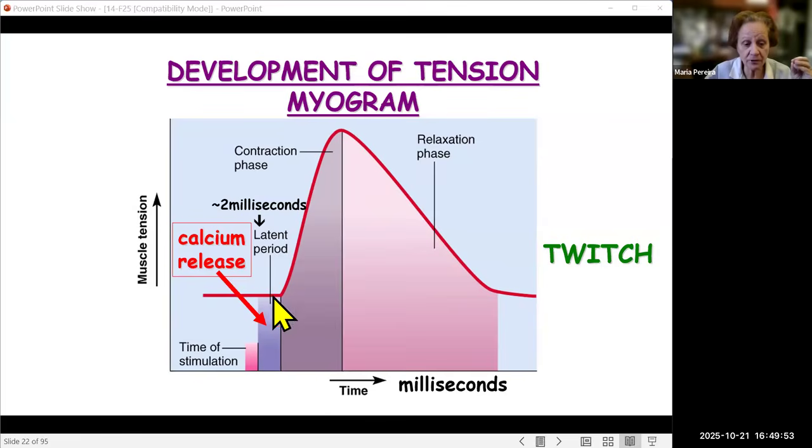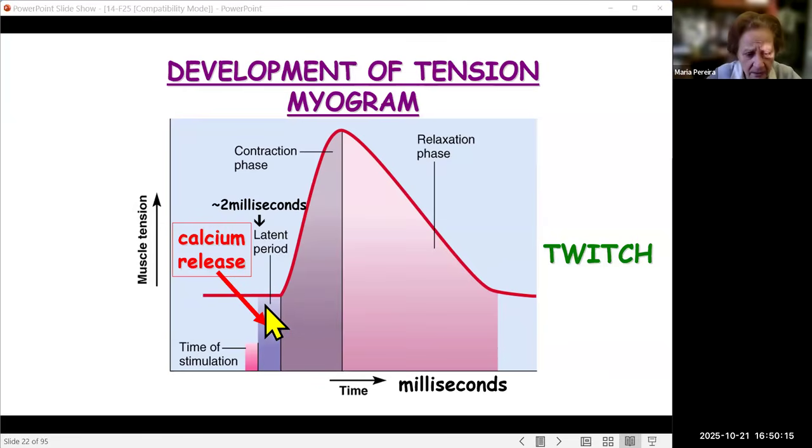So there's this period of time. Here you have milliseconds, and here you have muscle tension. So there's a lag period between the stimulus application and when the muscle fiber starts contracting.